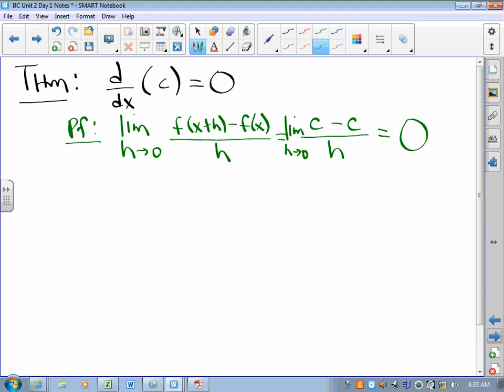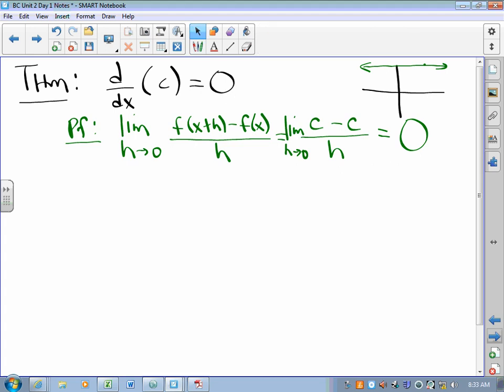Yep, that makes sense. It also makes sense from a graphical standpoint, because we know that the derivative of a horizontal line is the slope of that horizontal line. That's 0. So it makes sense to us that the derivative of a number is 0.